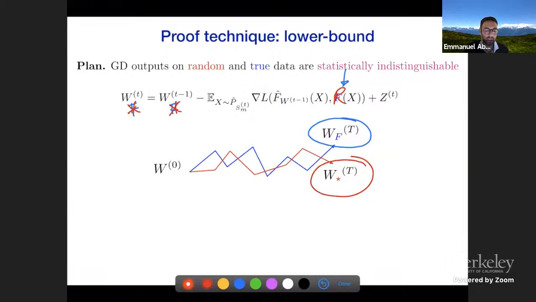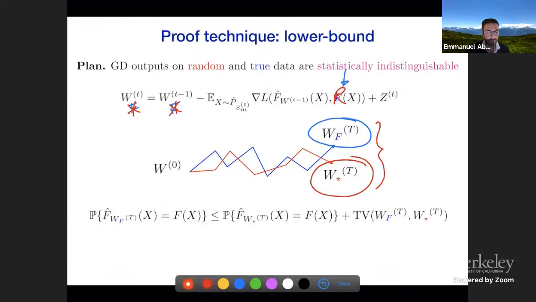And the strategy is to show that the total variation distance between the distributions of the weights is going to be vanishing if t is not too large. So in other words, you cannot distinguish the algorithm output on the true or on the junk data. And therefore, by the total variation bound, the probability that you get the right label with the true guy, or that you get the right label with the junk guy, must be upper bounded by the TV.